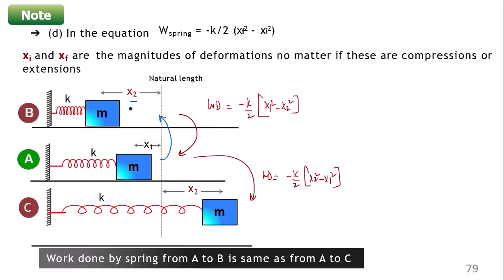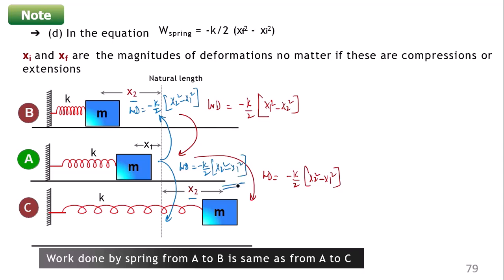For the blue arrow, work done is minus k by 2 into x2 square minus x1 square. If I want to calculate from A to C, final is x2 and initial is x1, so work done is again minus k by 2 into x2 square minus x1 square.